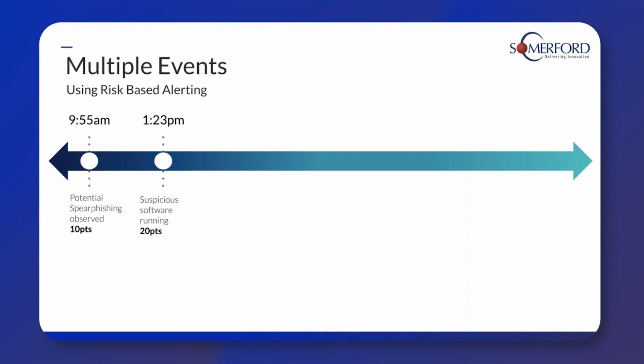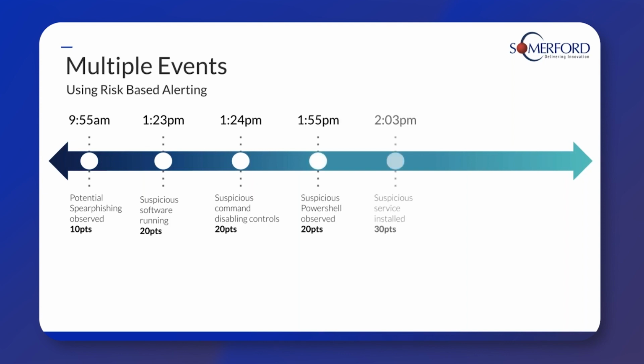We've now got another 20 points of risk because something that we've maybe not seen before has started running on this device. Then a minute later, another command's being run, disabling certain security controls. Okay, it's starting to get a lot more risky, really. We've got to about 50 points right now. Then we see some suspicious PowerShell. Then we see a service being installed. Okay, well, we're at 90 points.